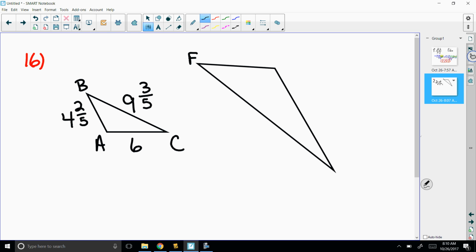I'm just going to change the letters here so it kind of corresponds. Not in the same position. Is that okay? Not rotated this way. Where we have 7 and 1/25. Now it tells you that triangle ABC is similar to triangle DEF.